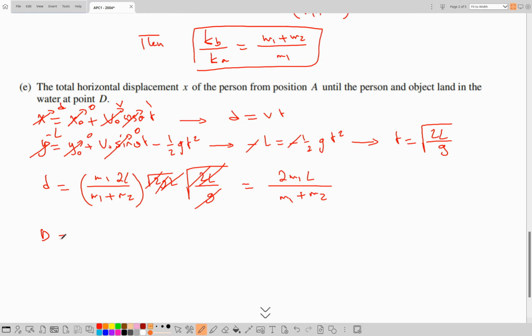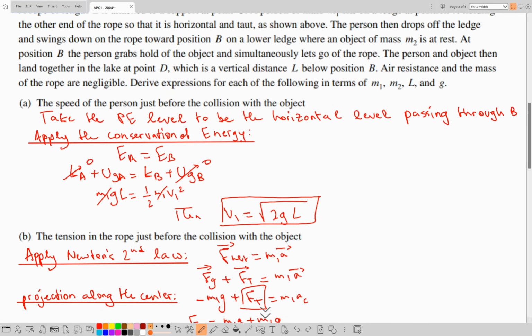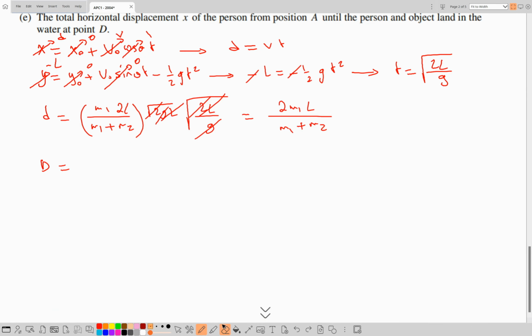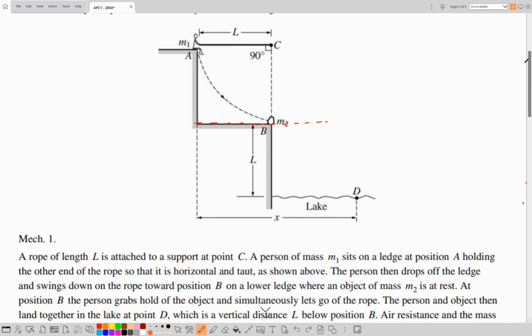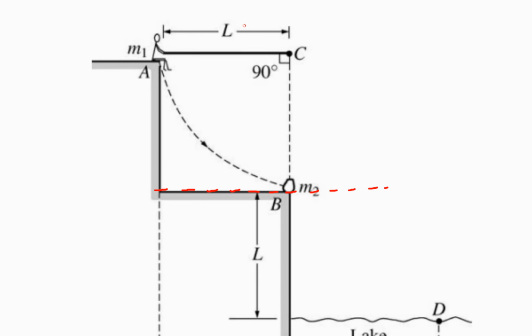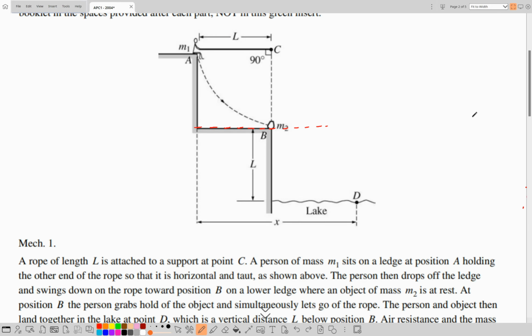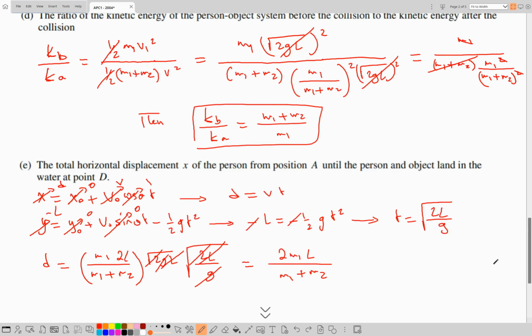We are interested in determining x. So x would be L plus the small distance d that we have determined.